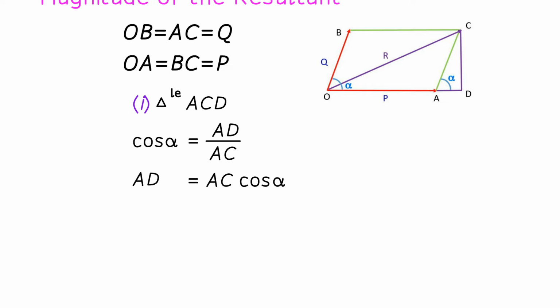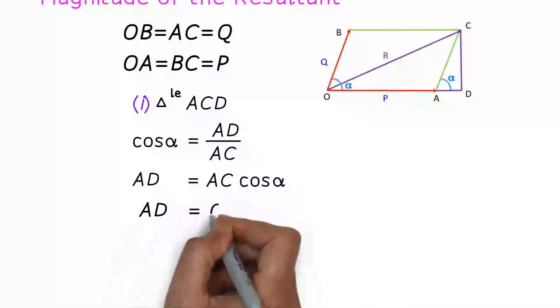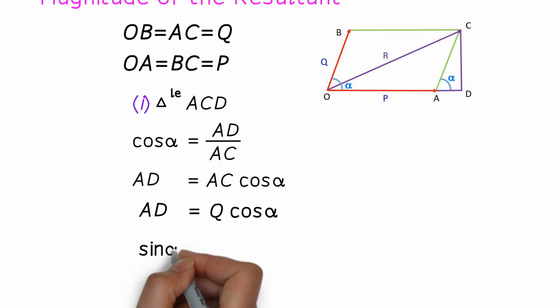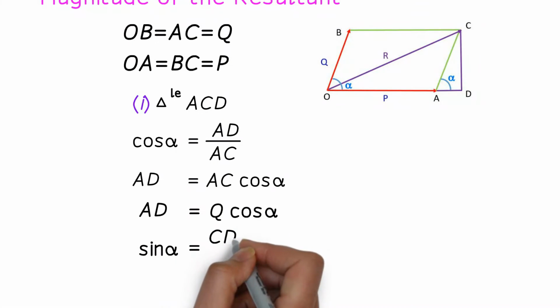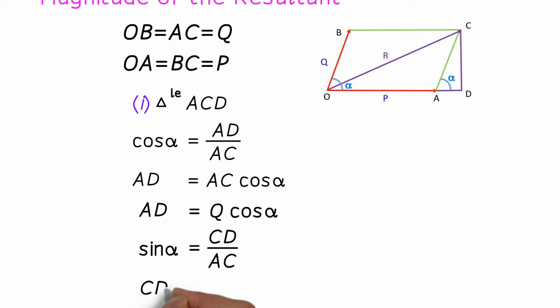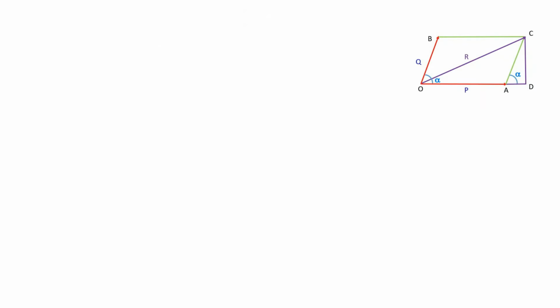We can replace AC with Q, then we can rewrite this equation as AD equals Q cos alpha. Coming to sin alpha, it is opposite side by hypotenuse. Here, sin alpha is equal to CD by AC. Here also, we replace AC with Q, then we can rewrite this expression as CD equals Q sin alpha.